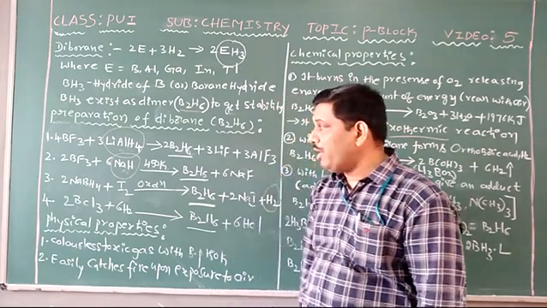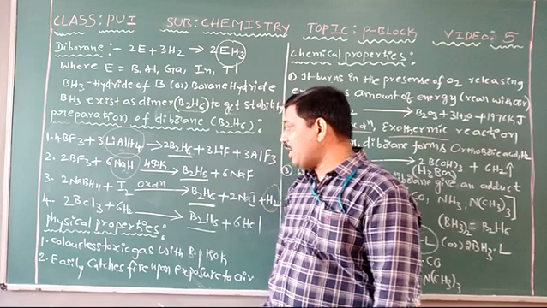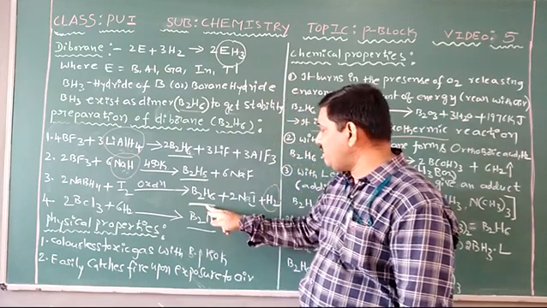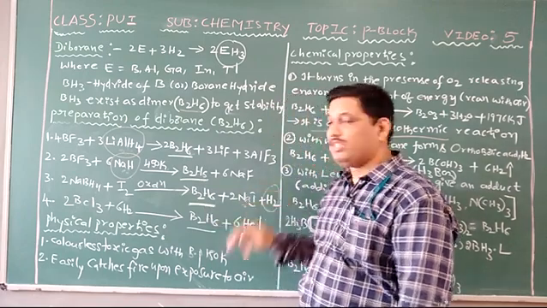Next, third one, student. When sodium borohydride reacts with iodine, it forms B2H6 plus 2 NaI plus hydrogen molecule.